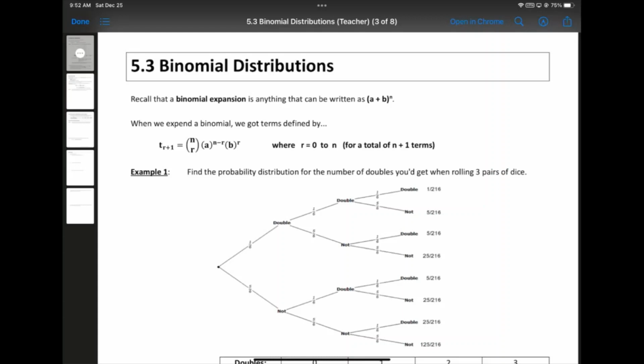And then at the end of each of the branches, I've put in the probability that that branch is followed. So for instance, the very top one, the probability that I roll doubles 3 times in a row is 1 out of 216. It's 1/6 times 1/6 times 1/6. And then all the other probabilities are there as well.